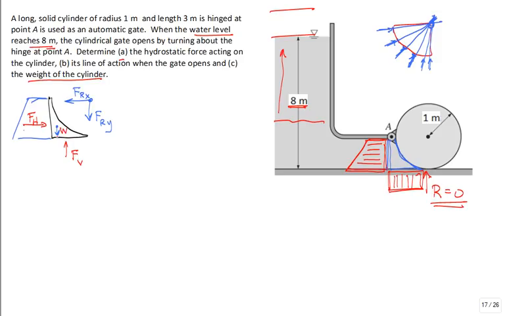Because if I have all of these, and I do the sum of the forces in x, which must equal 0 for static equilibrium of this system, I get F_H is equal to F_Rx.